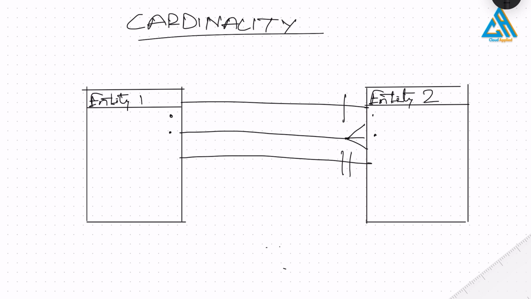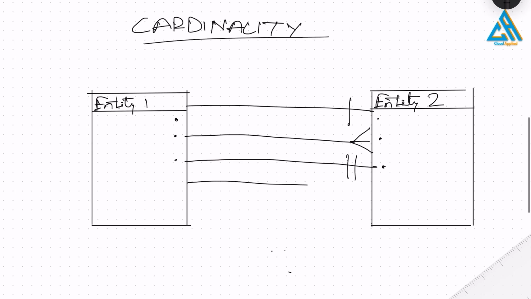If you see this line, it means entity 1 can have one and only one instance in entity 2. A notation like this denotes entity 1 can have either 0 or 1 instance in entity 2.